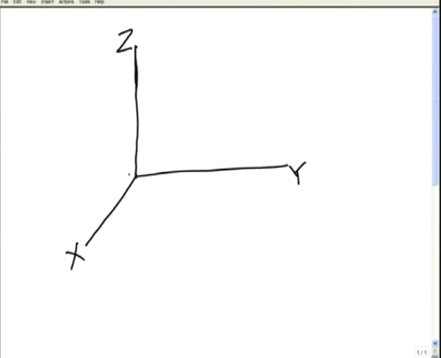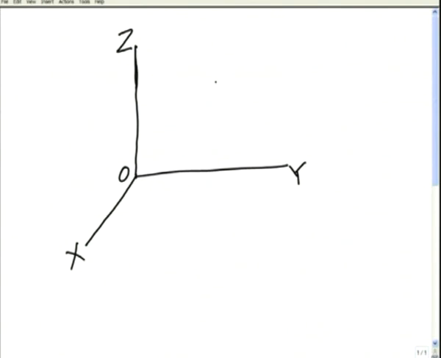Now, consider a rigid body which has an angular velocity omega. I first show the axis system in 3 dimensions: this is y, z, x, o.